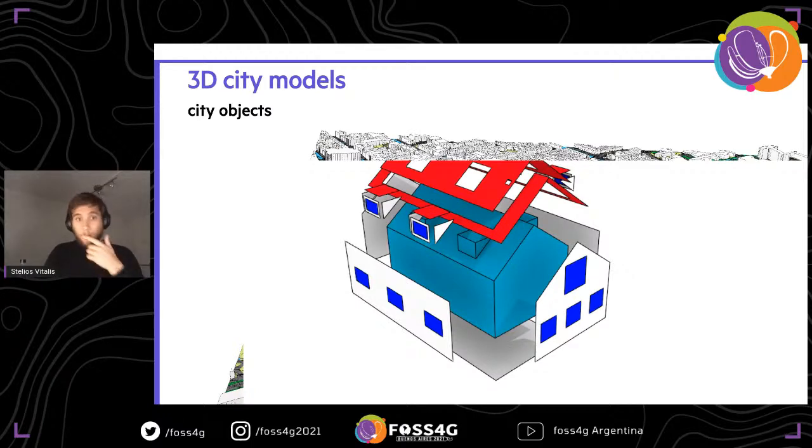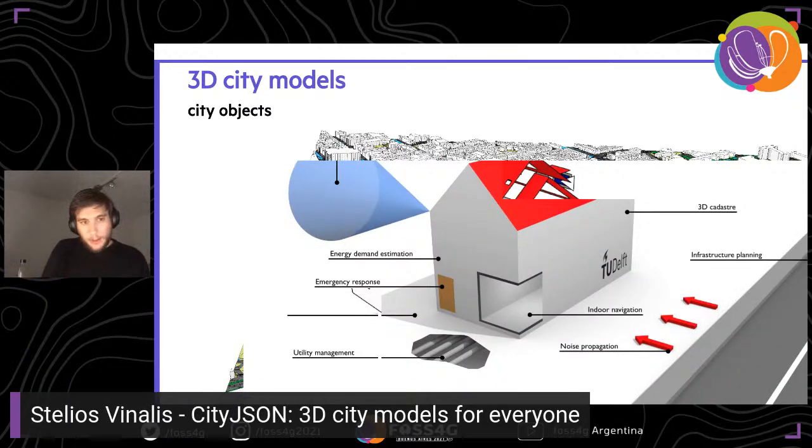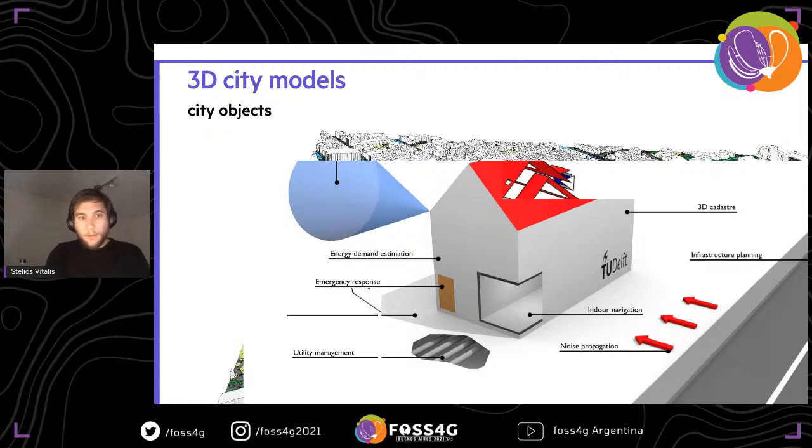So let's say one wants to store the solar potential of a specific roof slope. For this specific surface, they could attach certain attributes. So the main characteristic of 3D city models is this semantics, the complex data model they have.